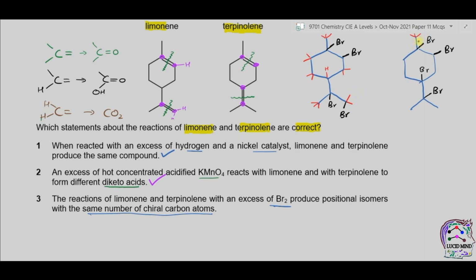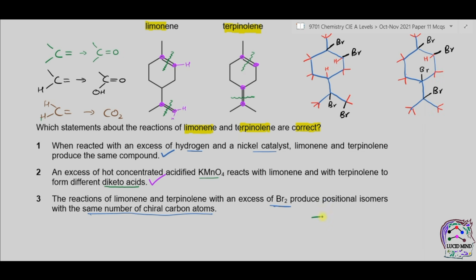Similarly 3 with this. No hydrogen atom on this carbon. 2 with this, 2 with this one, 2 with this one, none with this one, 3 on this one, 3 on this one. And 1 will be present over here.